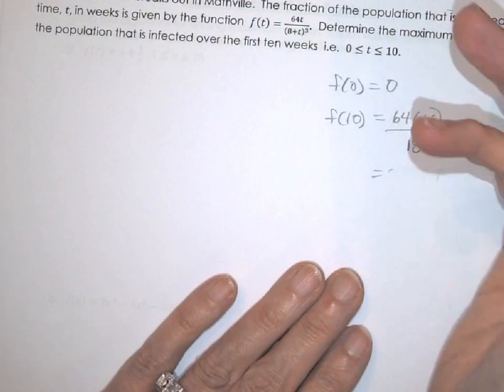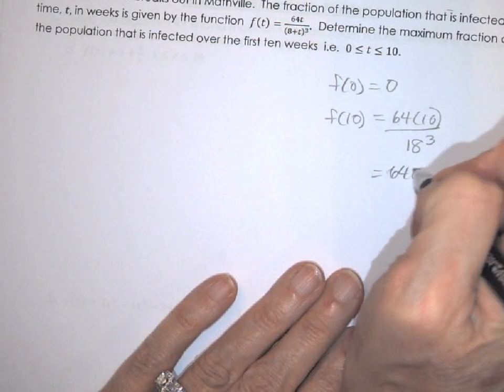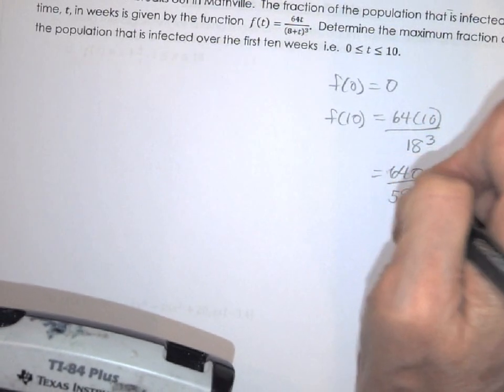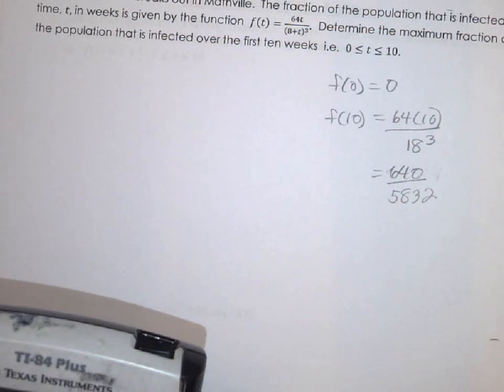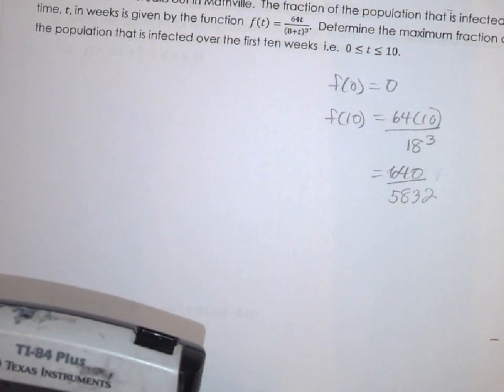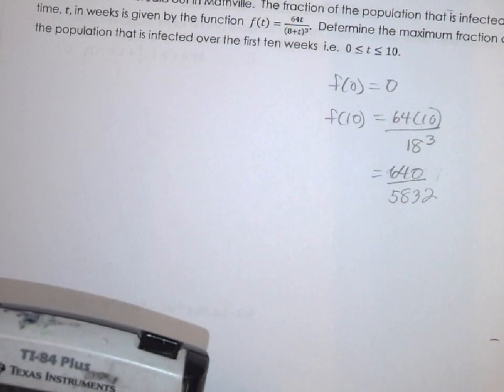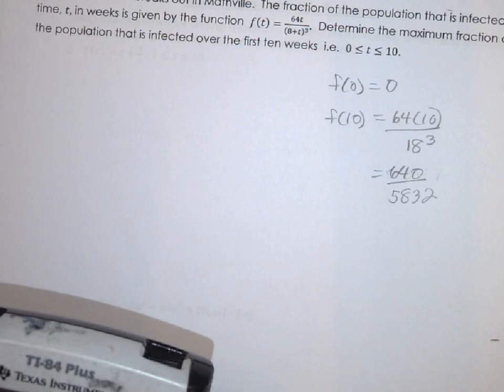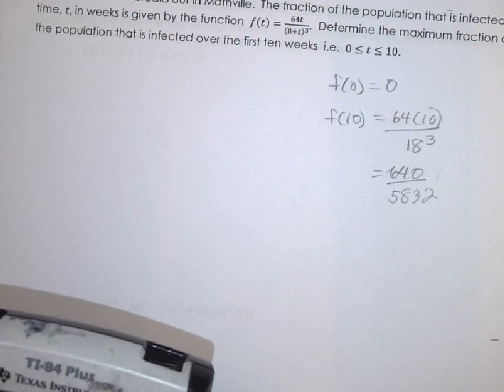All right, so instead I'll do 640 over, figure out what 18 cubed is. 5,832, and then see if I can reduce that down.